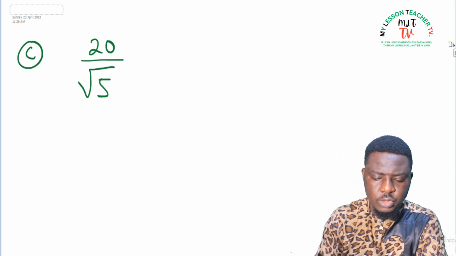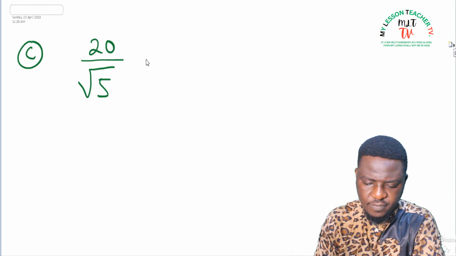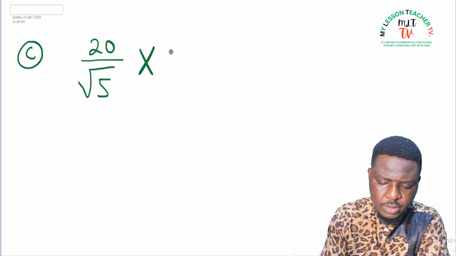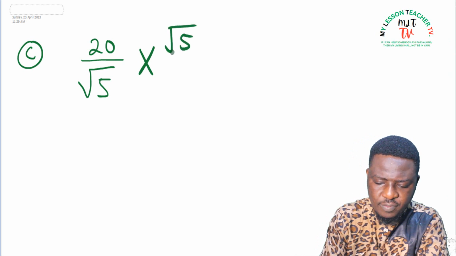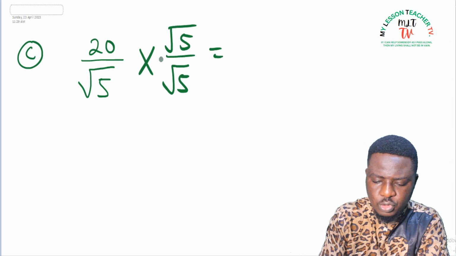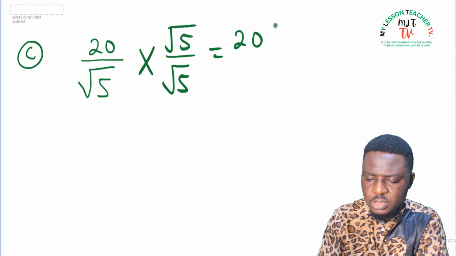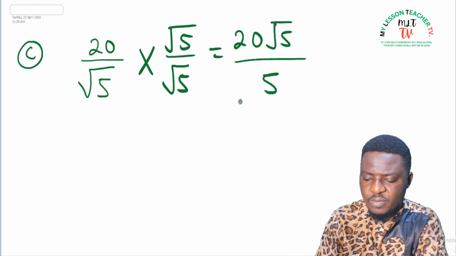C, 20 divided by root 5. This can be said to be, you multiply 20 by root 5 over root 5. And this becomes 20 times root 5, which is 20 root 5, while root 5 times root 5 is 5.